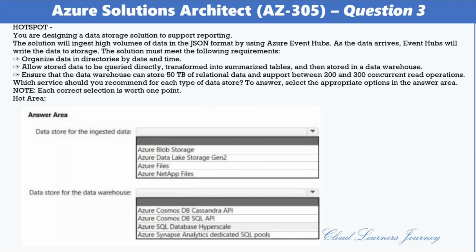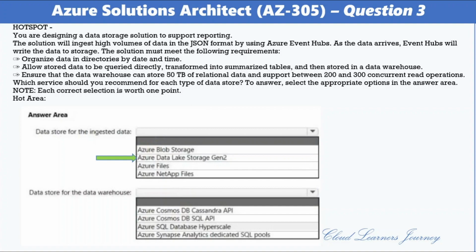Answer area for data stored, for the ingested data, options are Azure Blob Storage, Azure Data Lake Storage Gen 2, Azure Files, Azure NetApp Files. And for the data warehouse, options are Azure Cosmos DB Cassandra API, Azure Cosmos DB SQL API, Azure SQL Database Hyperscale, Azure Synapse Analytics Dedicated SQL Pool. And the correct options are, for the ingested data, Azure Data Lake Storage Gen 2.